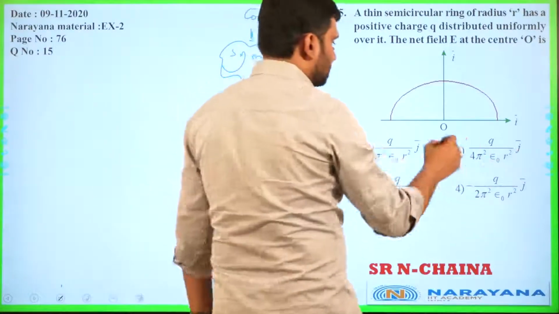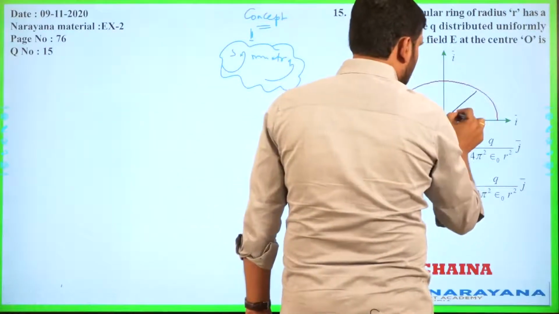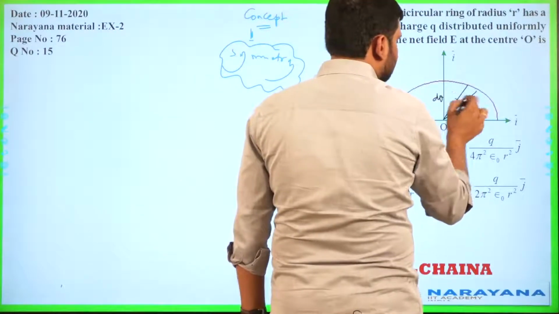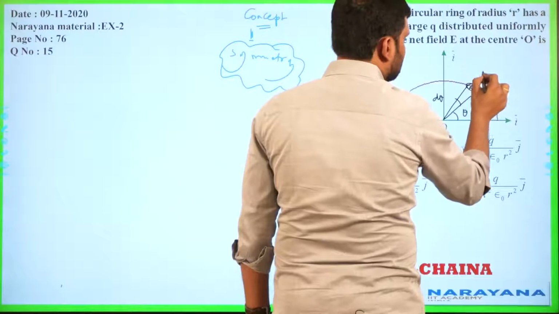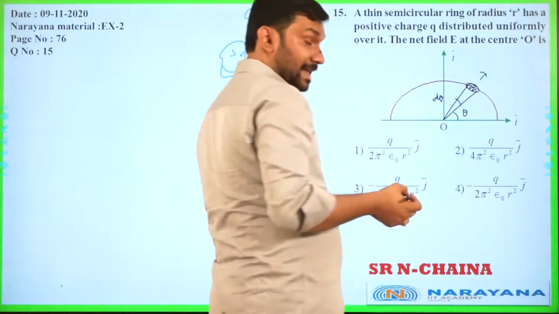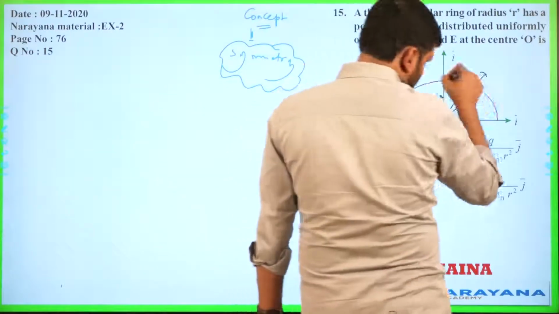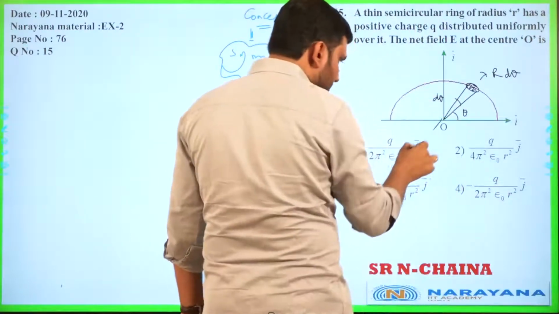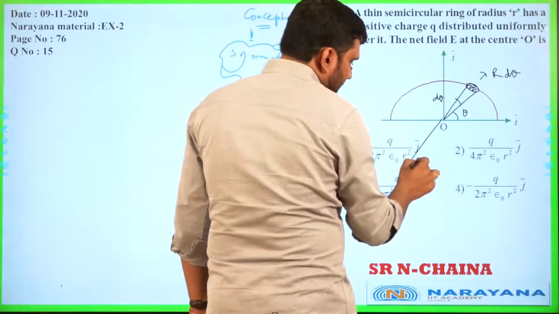See, suppose this is the angle theta. I am taking a very small angle d theta. So, there will be charges, that is lambda into dx. How much is dx or dr is equal to lambda r d theta. Field due to this is in that direction. That is E vector.